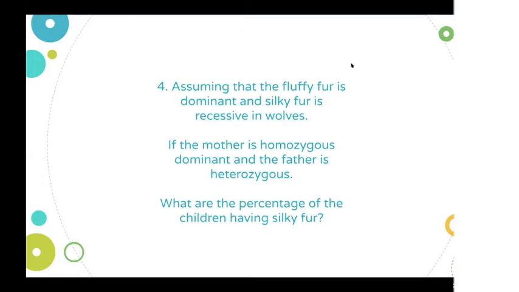And to the side, the father is heterozygous. Heterozygous means that both alleles are different. So since in the last paragraph we read that there are only two types of variations, that means the father will have a capital P and a lowercase p.